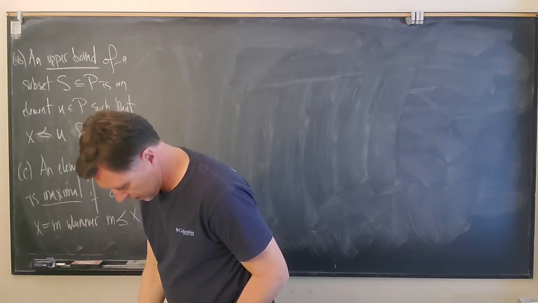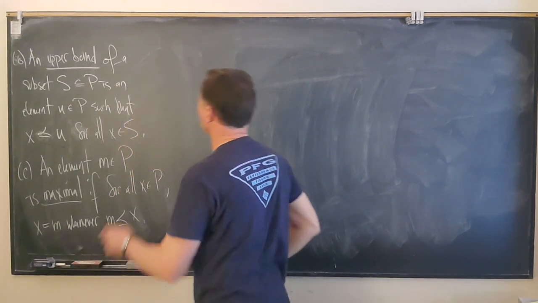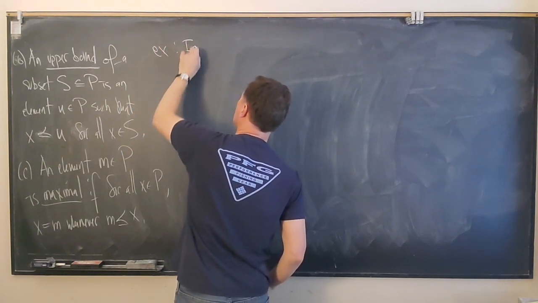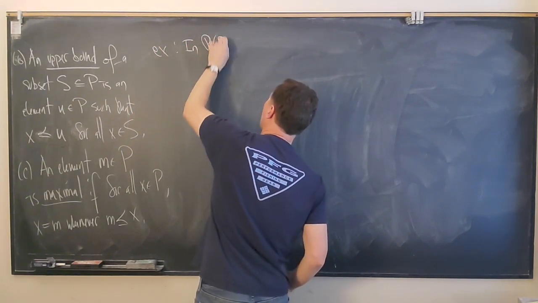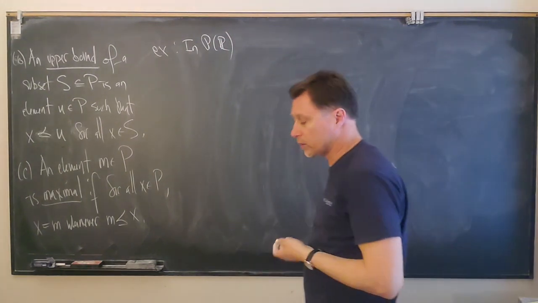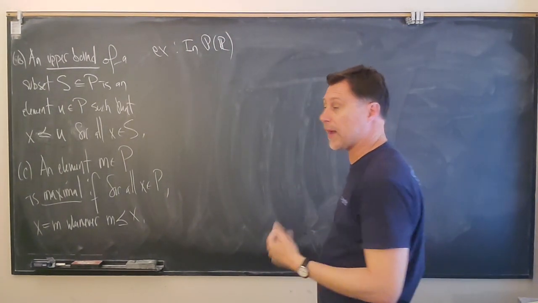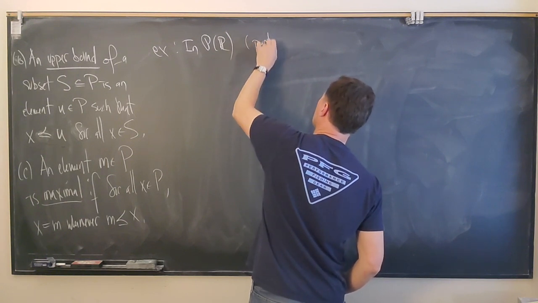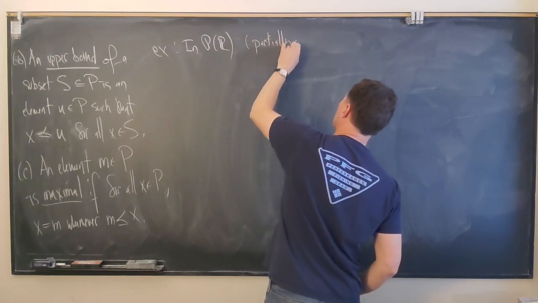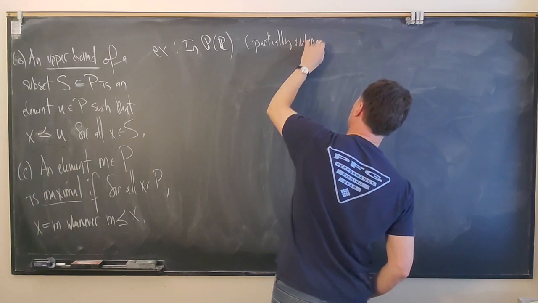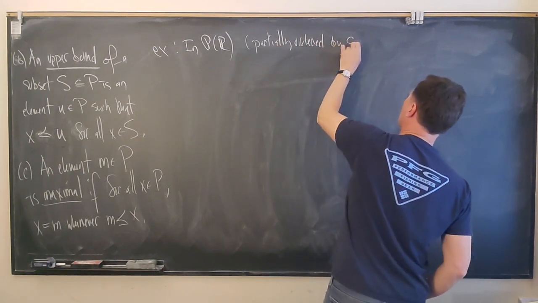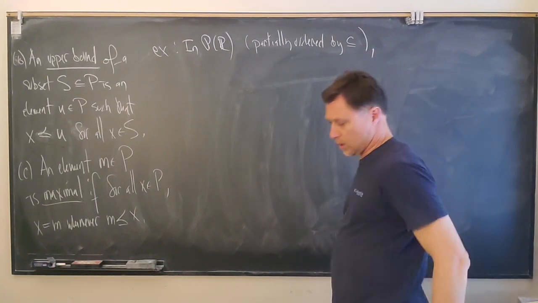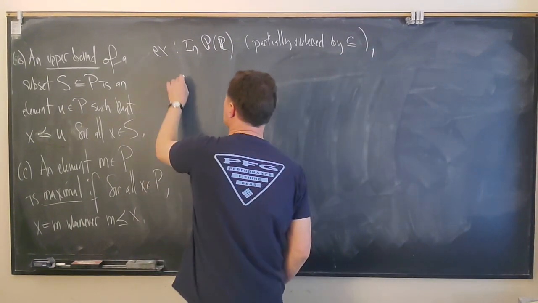Okay, so let me give you some examples now. Let's look at the power set of the real numbers. So that's all subsets of the real numbers, partially ordered by inclusion. And let's consider this set right here.